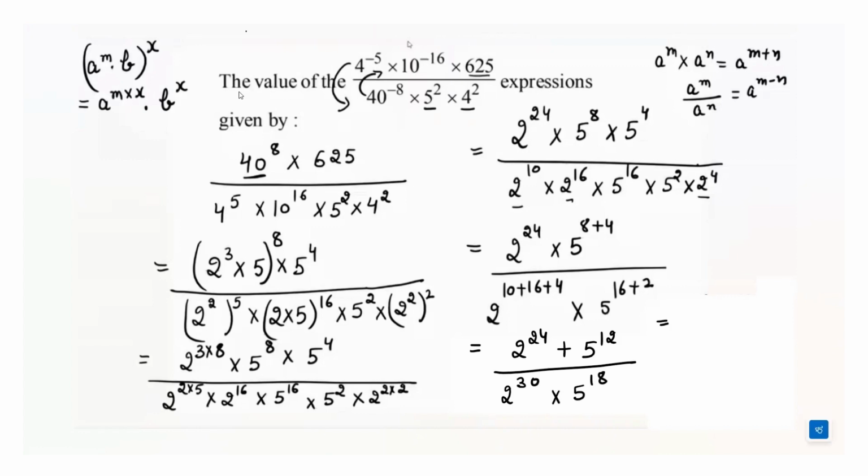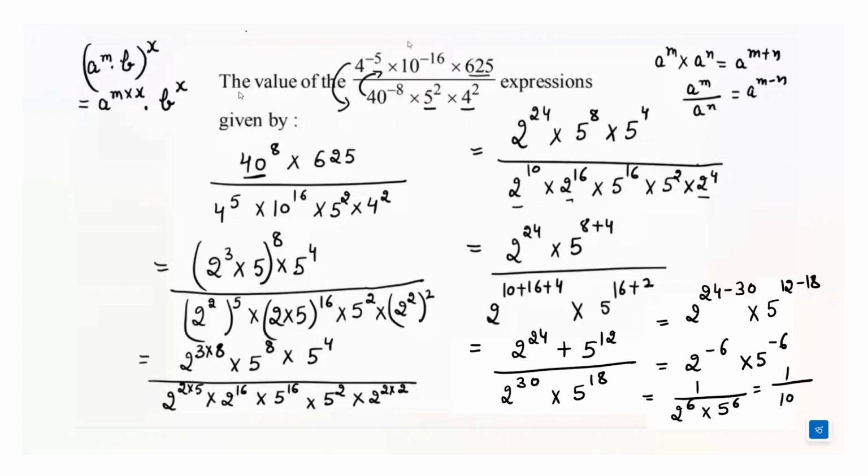Now we have to use the rule of division, which says a raised to power m over a raised to power n is equal to a raised to power m minus n. So let's do it. 2 raised to power 24 minus 30 into 5 raised to power 12 minus 18, which is equal to 2 raised to power negative 6 into 5 raised to power negative 6, which is equal to 1 over 2 raised to power 6 into 5 raised to power 6, which is equal to 1 divided by 10 raised to power 6.